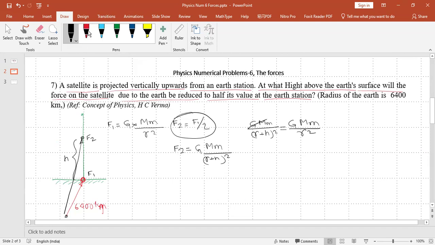Obviously, here the G, M, M and G, M, M get cancelled. So what we are left with is (R plus H) whole square is equal to, oh sorry, there is a multiplication of halves.